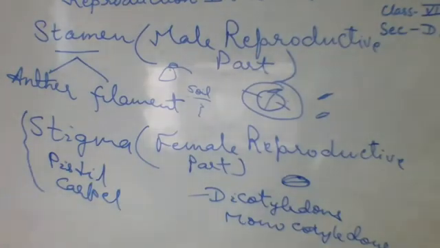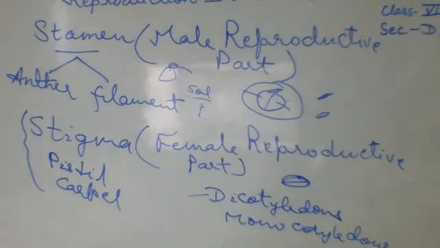So with this, we have come to the end of the lesson of this chapter number 9. Any problem in this chapter, children? No, ma'am. Your homework will be to practice the diagram of flower. That is very, very important related to this chapter.